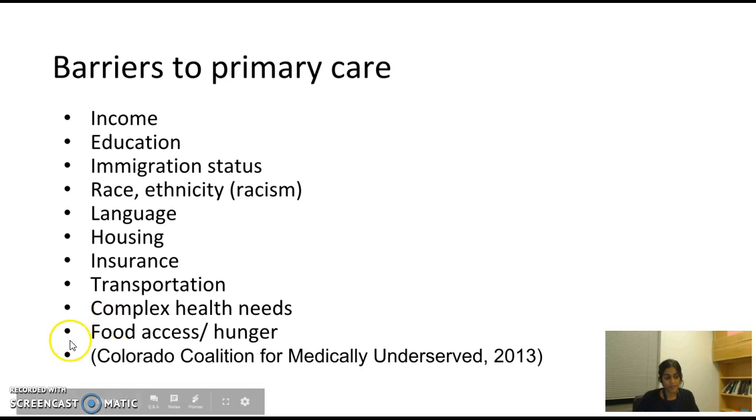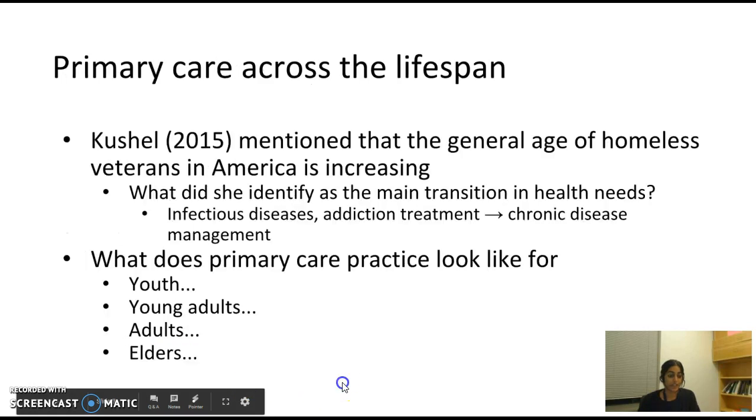So that's another one. Food access and hunger. So think about going to the doctor when maybe you don't even have enough to eat, and how visiting a doctor, even though it might be needed, is less of a priority. So that's also a barrier.